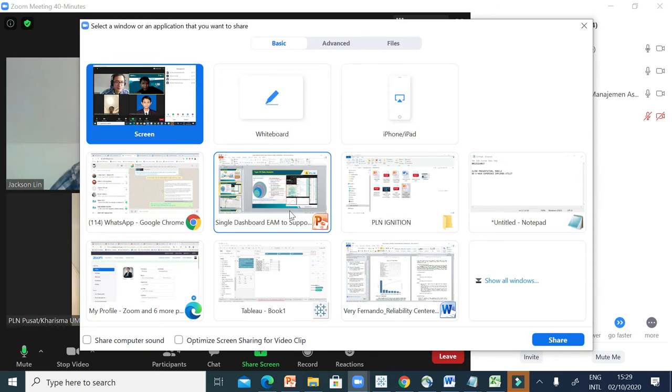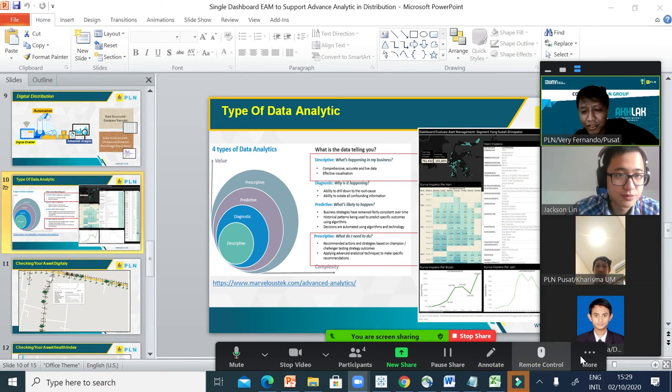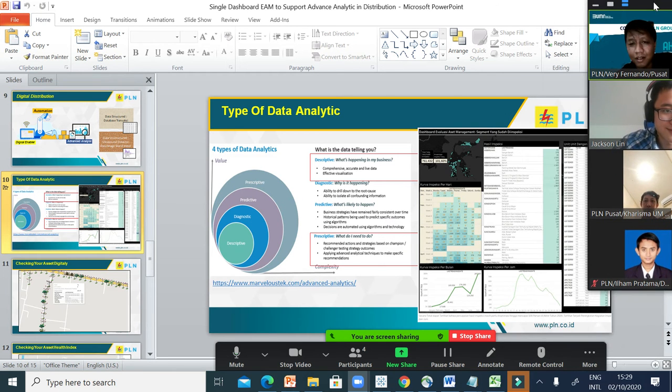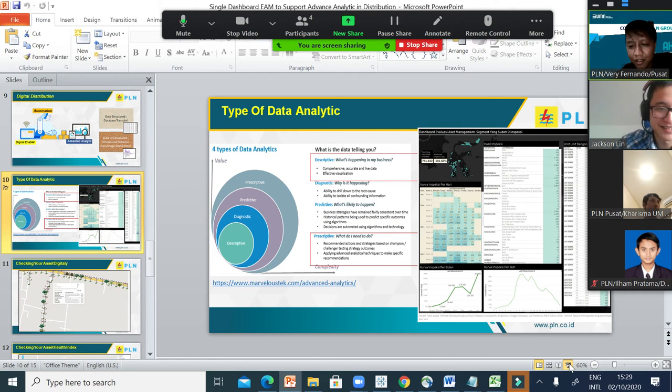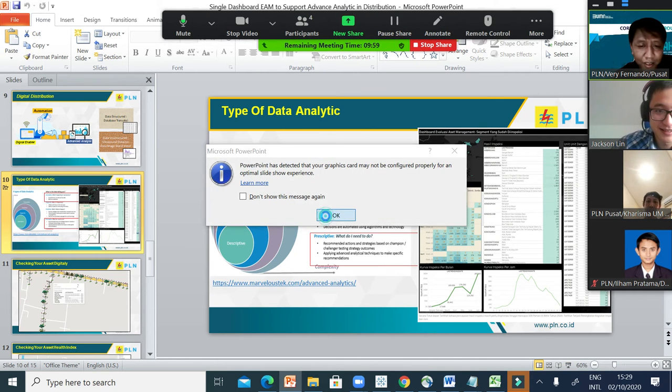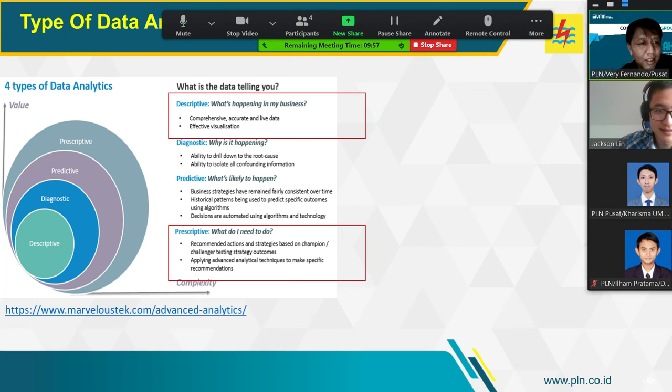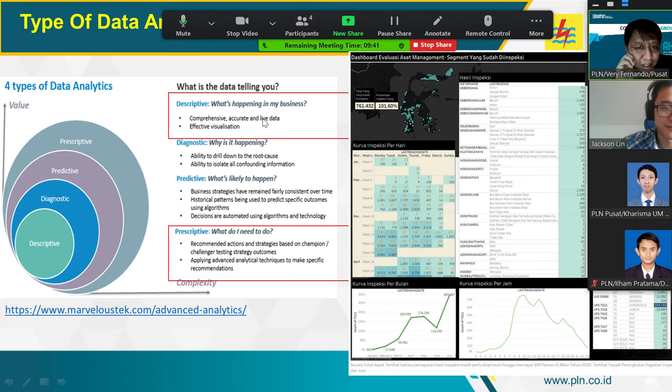Yeah. Maybe I want to share our concept about data analytics in distribution. In another paper that I read, there are four types of data analytics, and we just start with the descriptive. It is the first step, right, in data analytics, just describing what is happening in my business.